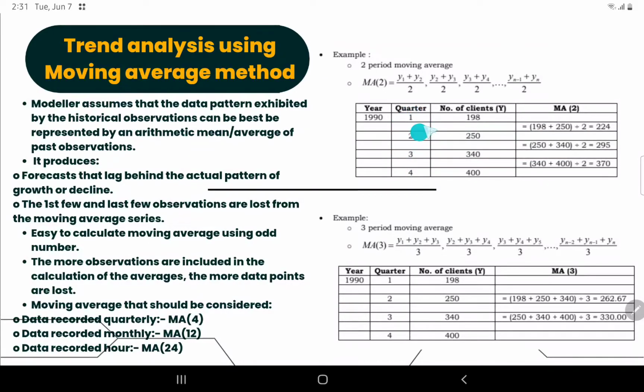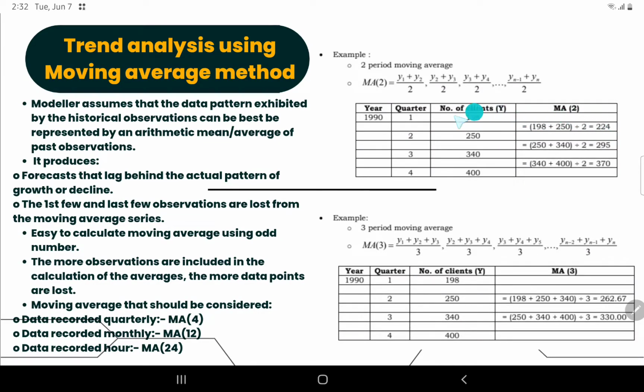These 2 items, data dia adalah 198 and 250. So we need to add these 2 and then divide by 2. 198 tambah 250 bahagi dengan 2. So moving average dia adalah 224.